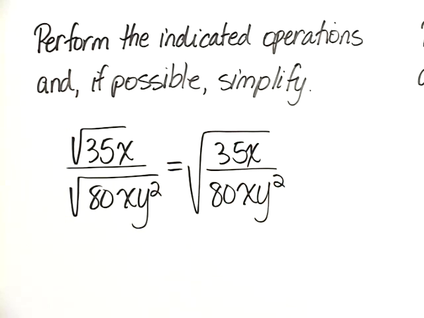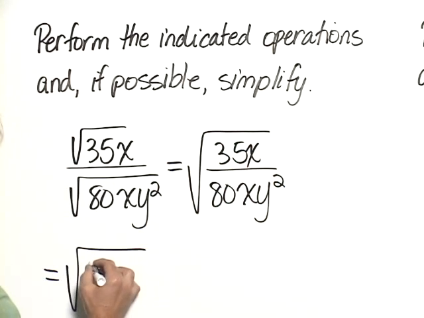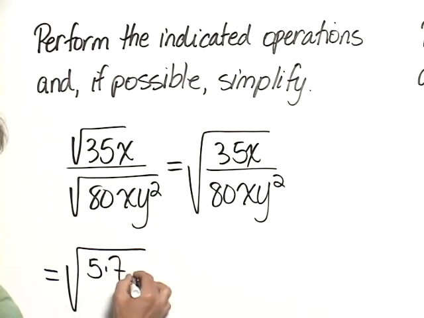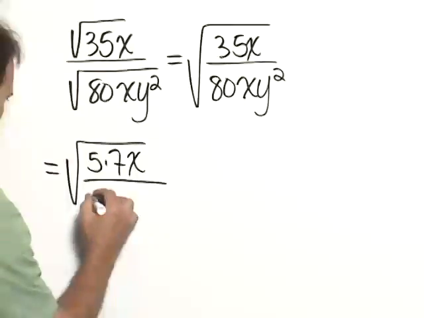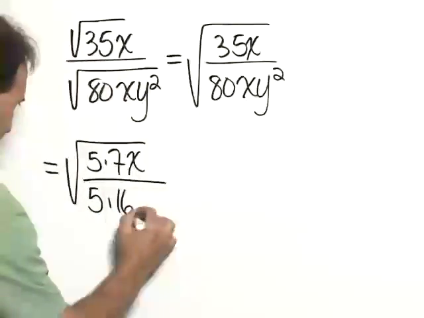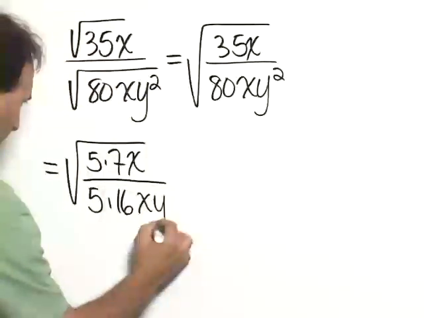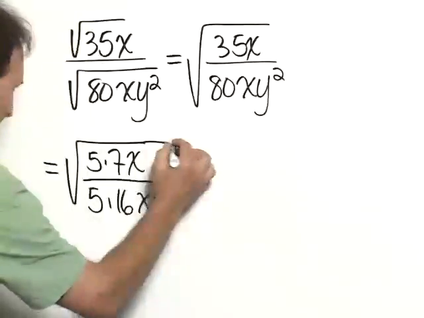And now let's factor the 35 and 80 because we will see that we have 5 times 7x over 5 times 16xy squared.